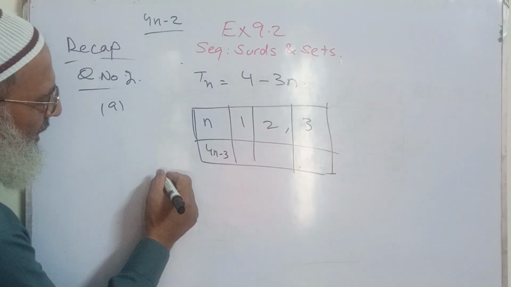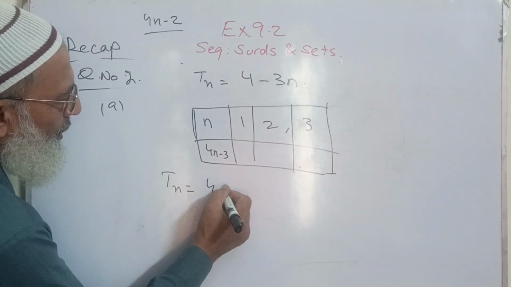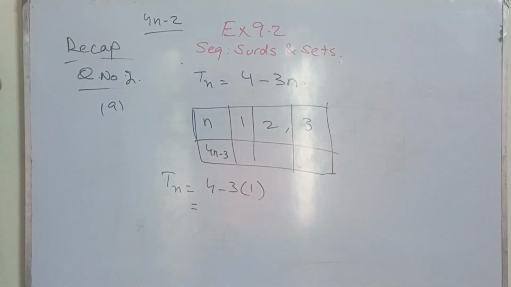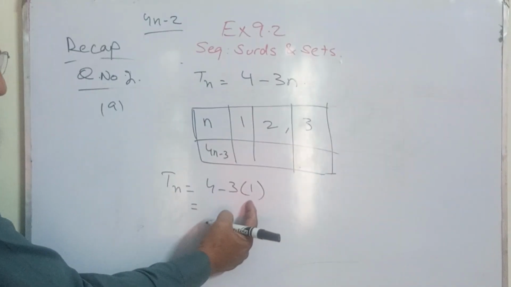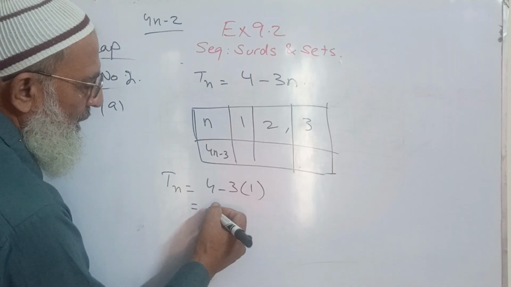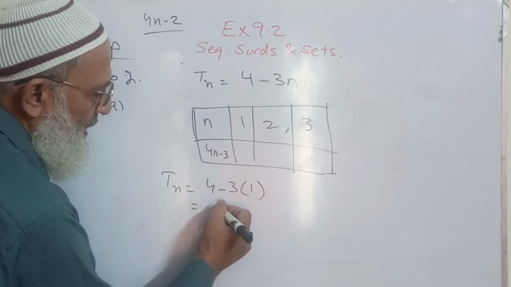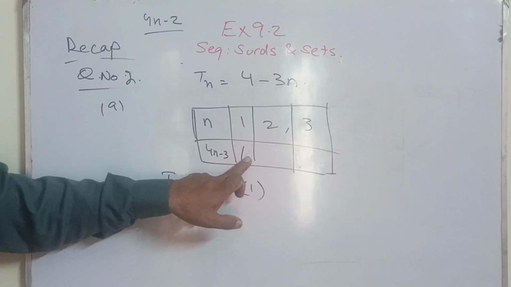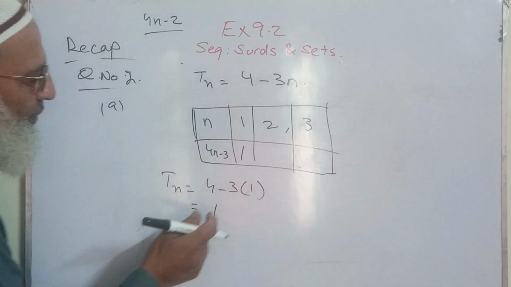So Tn is equal to 4 minus 3 into 1. 3 times 1 is 3, so 4 minus 3 is 1. So the first term is 1.